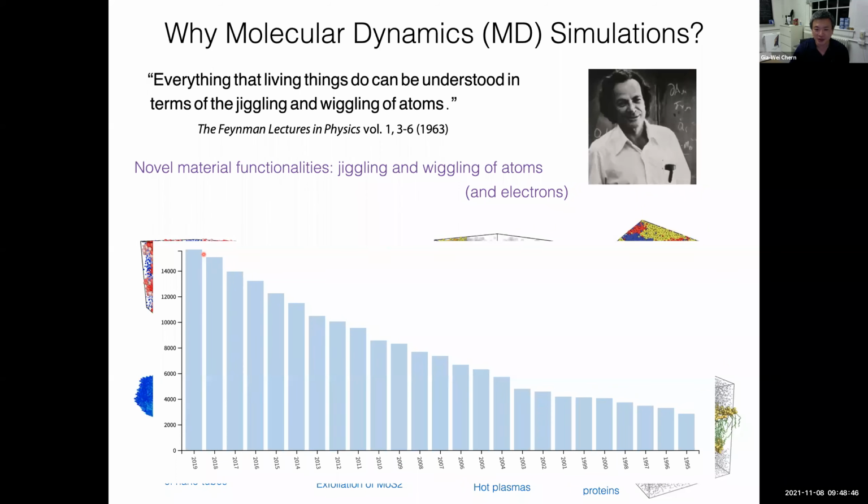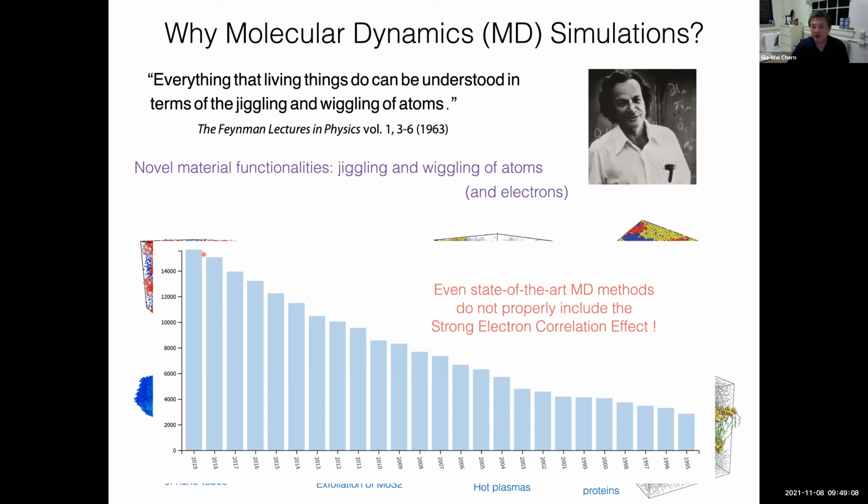So it's a very important tool in materials science. But even the state-of-the-art molecular dynamics methods do not properly include the strong electron correlation effect. So our goal is to develop a new molecular dynamics method which can properly incorporate the electron correlation effects.